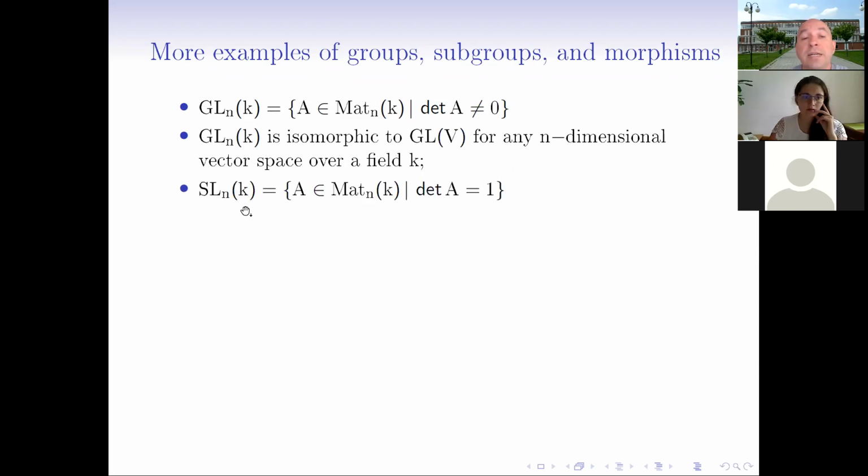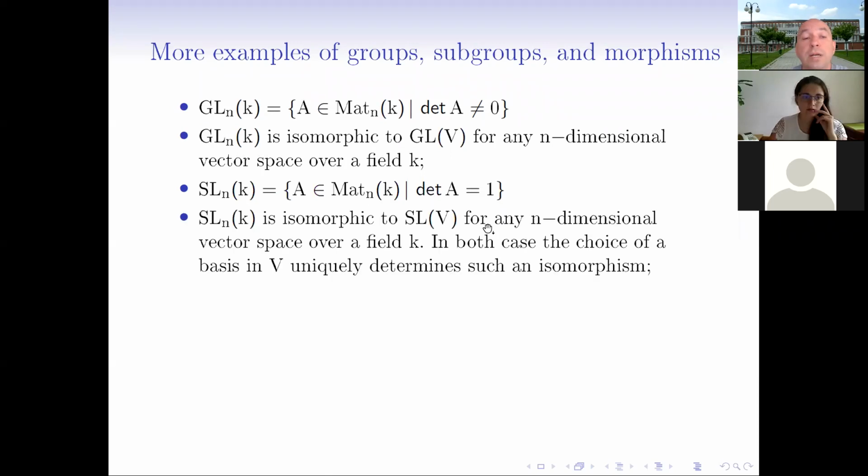And we can do the same for SL(n). SL(n, K) consists of all n by n matrices whose entries are elements in K, the determinant of which is 1. And SL(n, K) is isomorphic to SL(V) for any n-dimensional vector space over a field K. In both cases, such an isomorphism is uniquely fixed by the choice of a basis. Whenever we choose a basis, a linear operator becomes a matrix, and this is precisely the isomorphism.